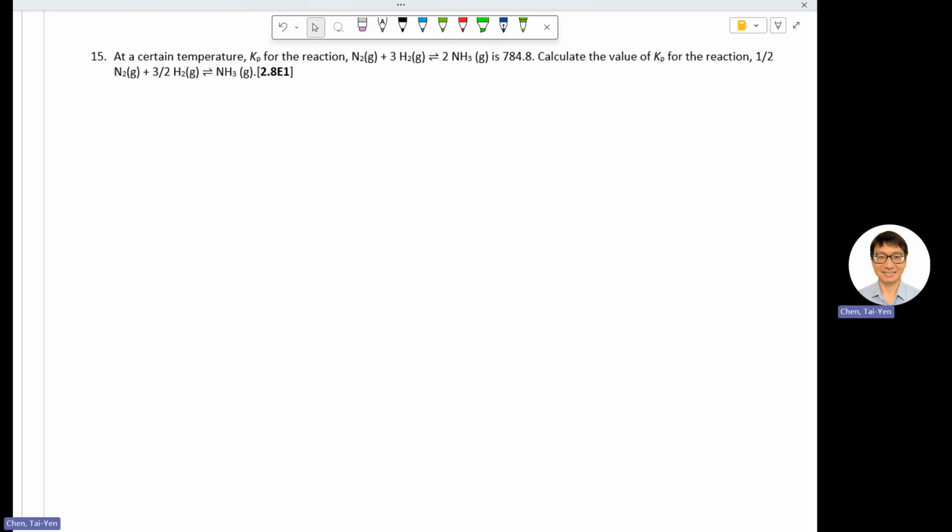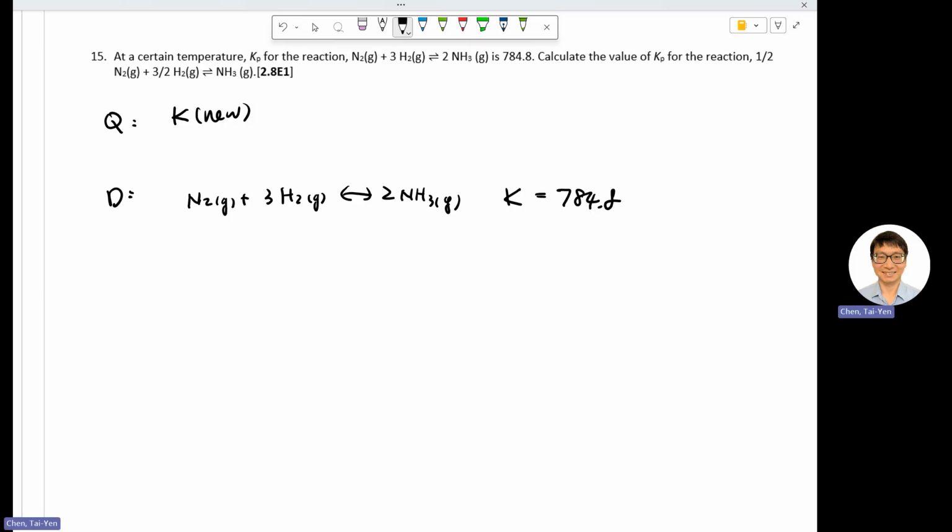So you want to know your new equilibrium constant for the target equation, right? The data tells you N2 gas plus 3H2 gas become 2NH3 gas. The K equals this.